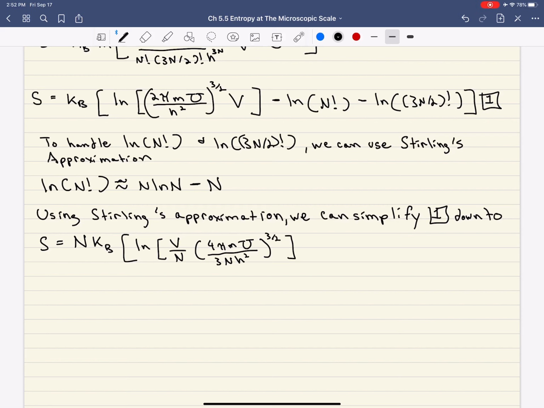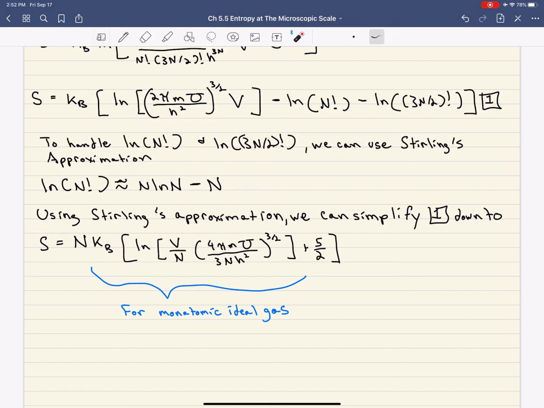All this stuff is in the natural log. And then we have just a 5 halves out here. So for a monatomic ideal gas, this is what our entropy equation simplifies down to.